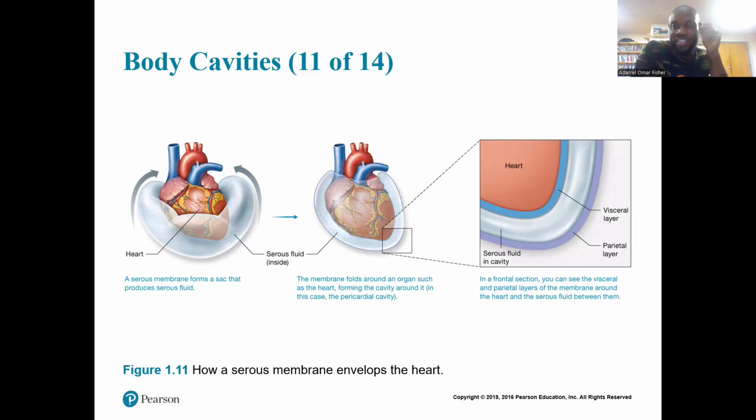So when you're doing things like surgery, and not that you're going to be doing surgery, you have to cut through these membranes that are protecting the different organs that you may need to reach.